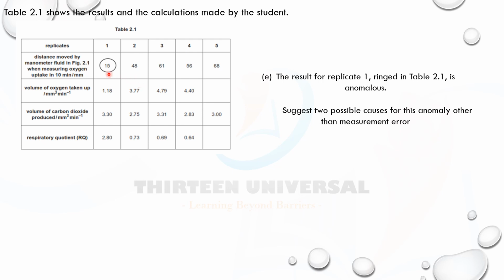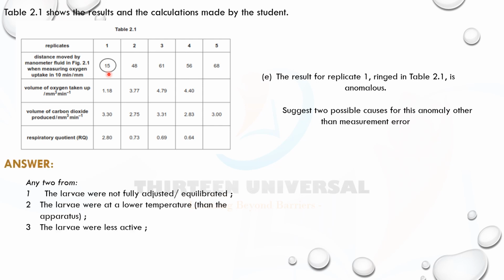Here it could be the constant variable temperature: we were not able to equilibrate the temperature of the larvae, which may be lower than that of the apparatus. Or some of the larvae became less active. You cannot standardize it. Some become more active, some less active, and the activity affects the amount of oxygen they use. That could also introduce it.